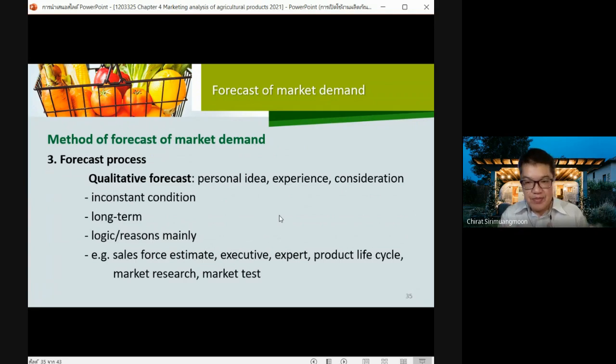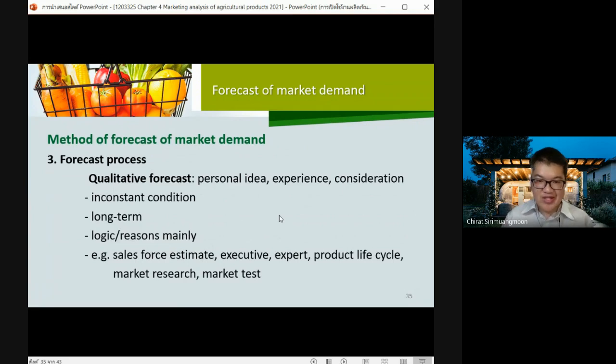Sometimes personal ideas, consumer ideas, experience, and also some consideration from the consumers or even from the CEO can be used for market demand too. Some consumer just voices to your company, then you collect it. Or they have some experience that they think is good for you to create a new product, which is also okay.